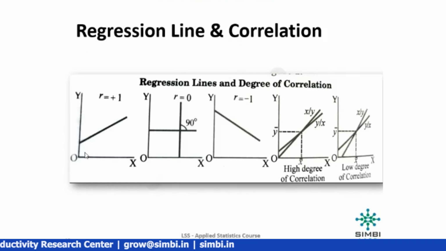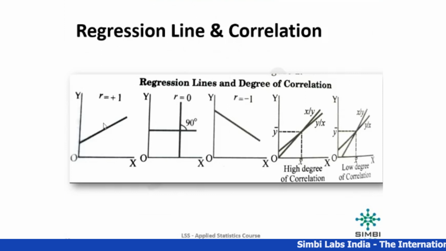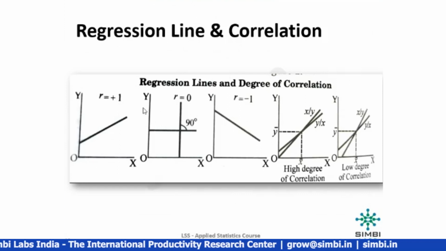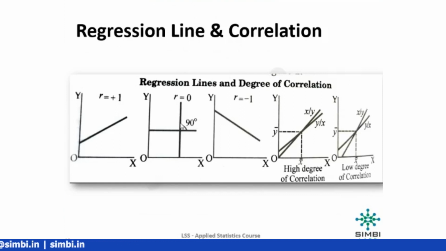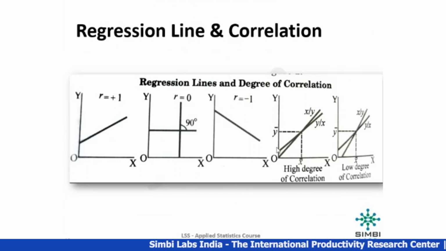For example, in this graph both x side and y side are increasing, so it's going positively, and the r value will be plus 1. Then in the next graph, the dependent variable and the independent variable have no linear relationship, with a 90-degree variation between them, so the r value will be 0. And when it is a negative correlation, we can see that the graph will be like this.